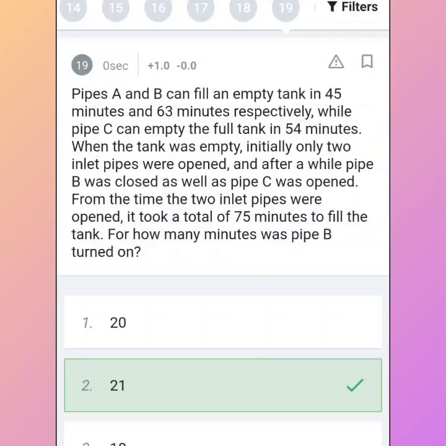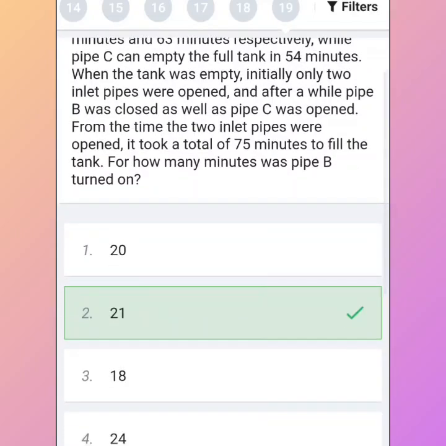When the tank was empty, initially only 2 inlet pipes were opened, and after a while pipe B was closed as well as pipe C was opened. From the time 2 inlet pipes were opened, it took a total of 75 minutes to fill the tank. For how many minutes was pipe B turned on? Option second, 21.